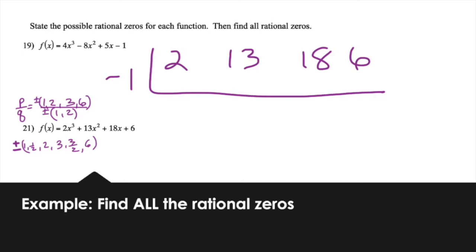So let's try that. We're going to go 2, negative 2, which will be 12, 11. We'll have a negative 11 when we multiply. Then we're going to have 7. Multiply, we'll get negative 7. We're getting close, but it's not 0. So 1 and negative 1 are not options.